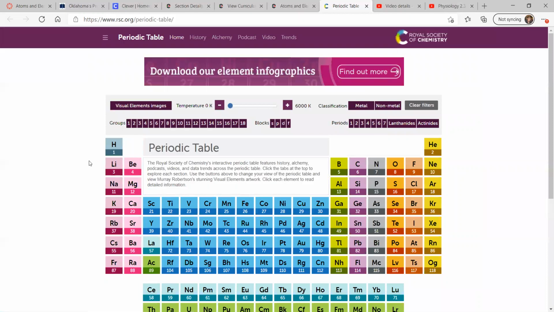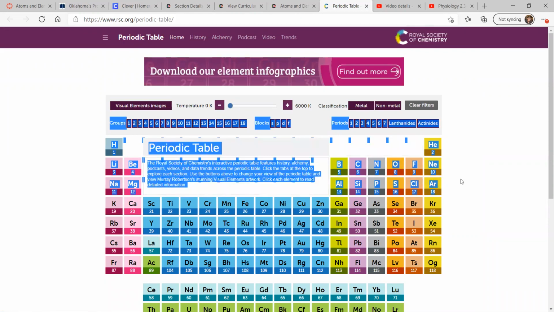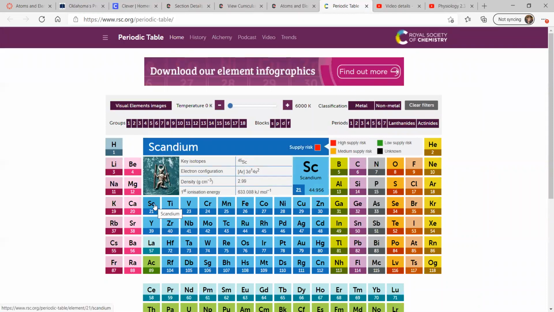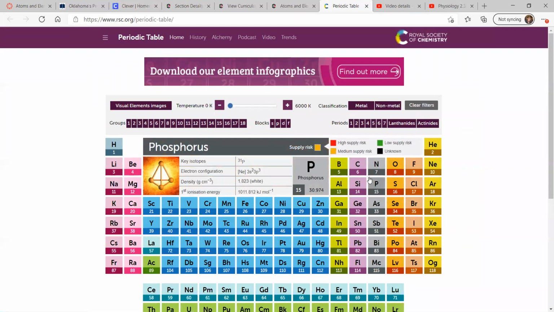So you can do that for the first 3 rows. You can do that all the way up to argon. But when you get to the 4th row down, it's not quite as easy since you have these other elements. But yeah, so we know that nitrogen has 5 valence electrons because we counted over 1, 2, 3, 4, 5.